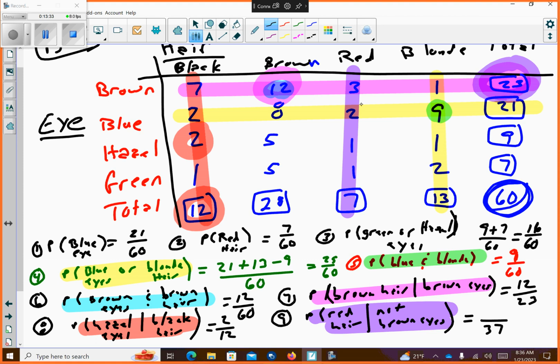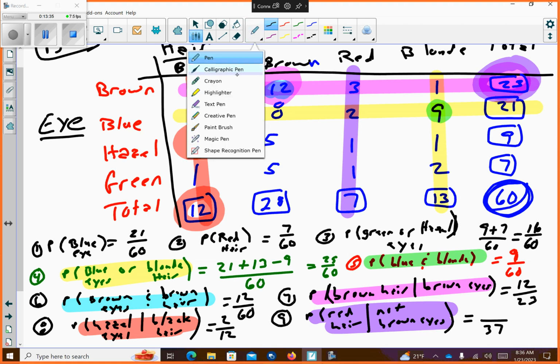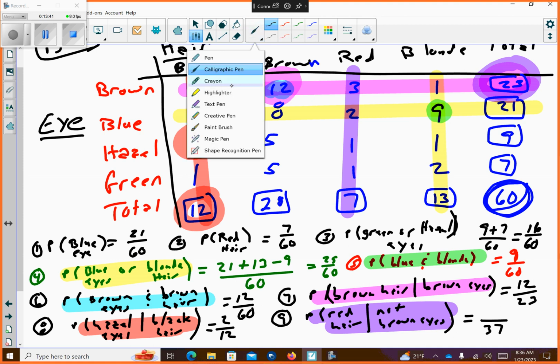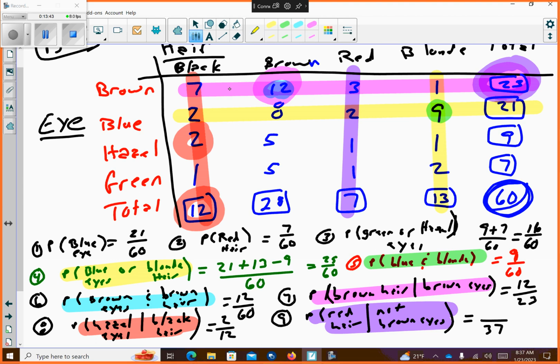So we're talking about, oops, wrong one. Highlighter. Purple. So the person has red hair, but they don't have brown eyes. So I'm talking about this person, and this person. So 2 plus 2 is 4. So I have a 4 in 37 probability of drawing them out.